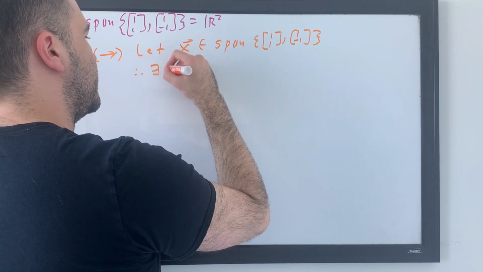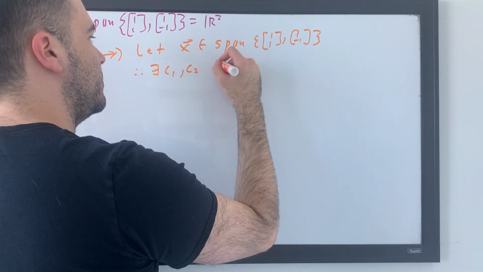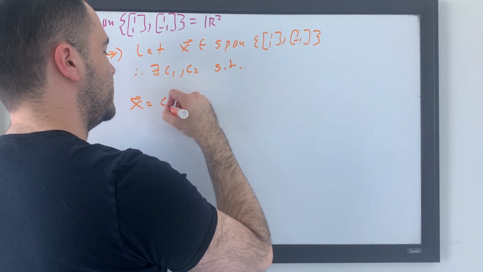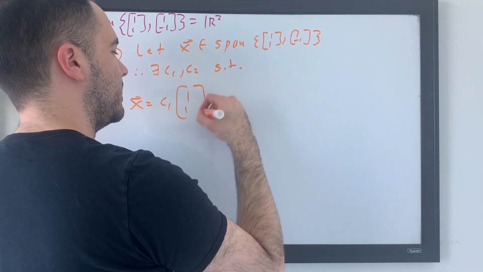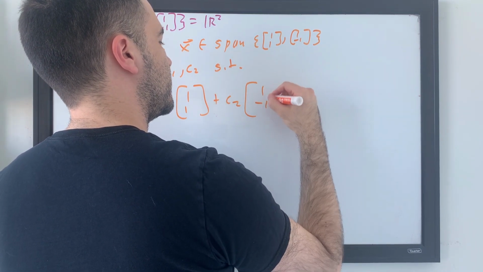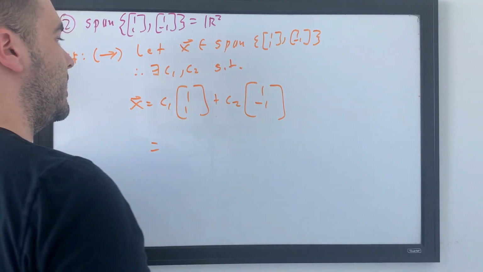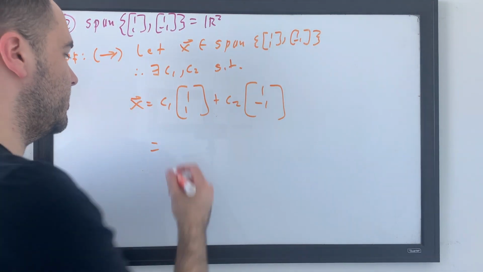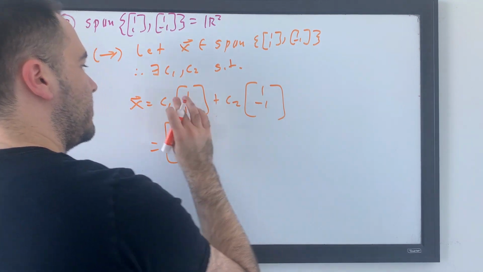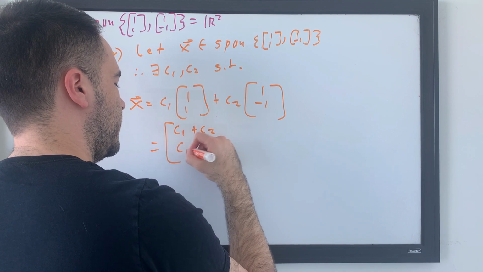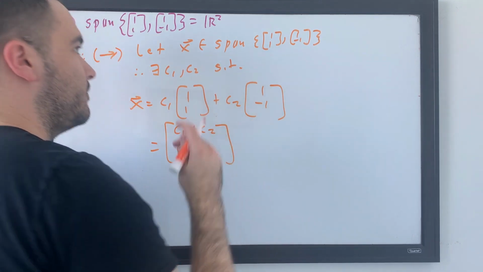Therefore, there exists a C1 and C2 such that x is equal to C1 times the first one plus C2 times the second. Now this one doesn't have a span to it, so this one is slightly different, but still the same idea. I'm going to combine the first ones in the first vector, so I get C1 plus C2 and C1 minus C2.